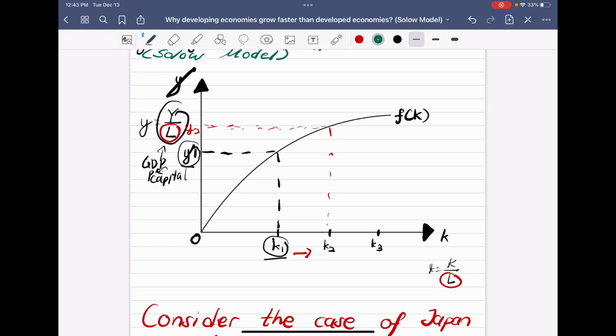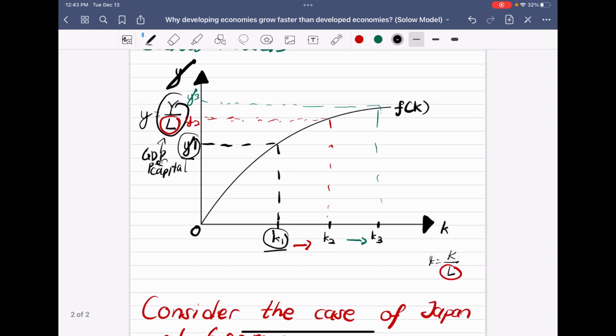And let's say in the far future, you increase again your capital per capita from K2 to K3. Yes, it will again increase your output per capita, but again at a decreasing rate. So this tells us that as you increase your capital per capita, Y, which is output per capita, increases, but at a decreasing rate. The reason for this is the iron logic of diminishing returns in economics, right?